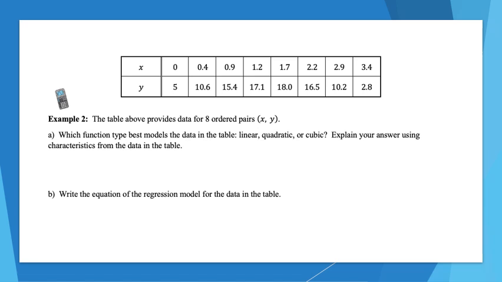All right, now example 2. This is giving us just 8 ordered pairs. We want to find what function type best models the data in the table, explain your answer, and write the equation of the regression model for the data in the table. I will say with these types of questions, it will either be linear or quadratic.